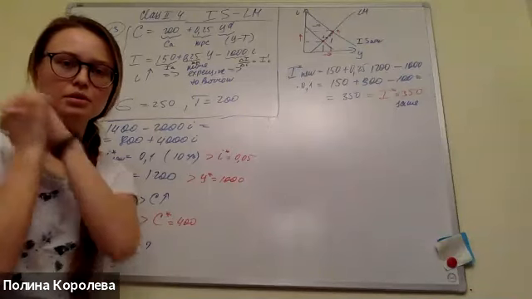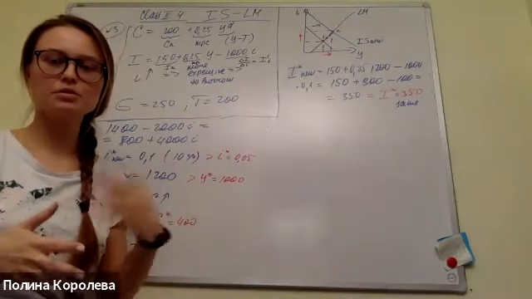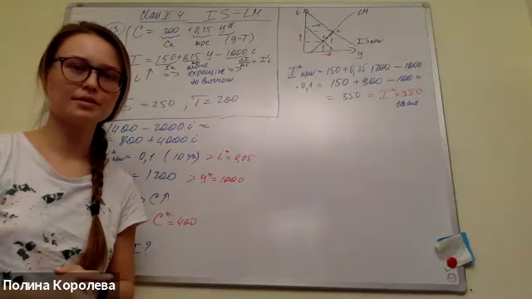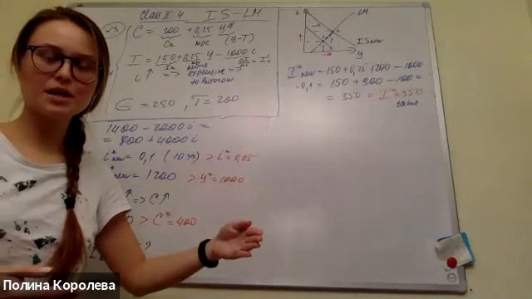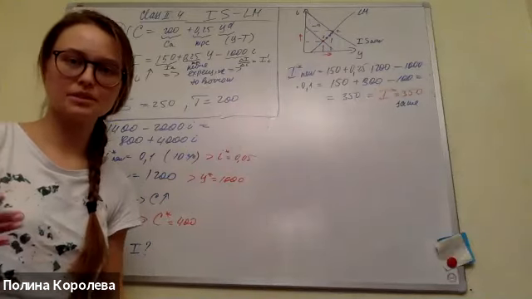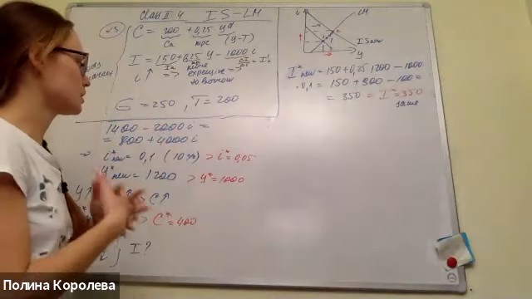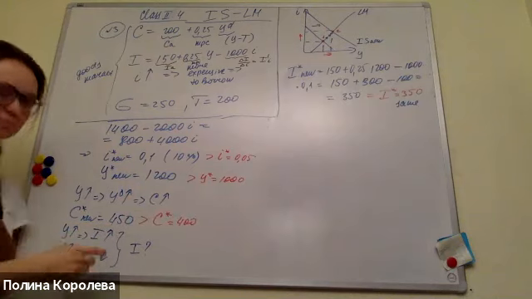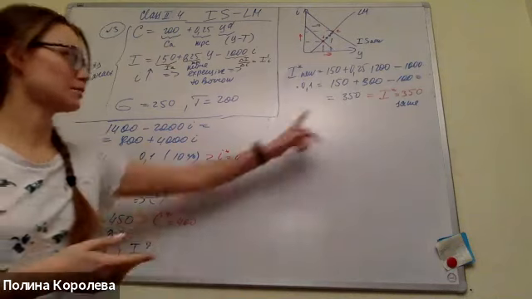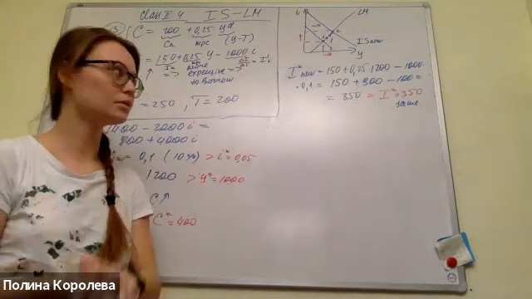If we need a high level of investments, is it better to use fiscal or monetary policy? Monetary, yes, because in monetary policy interest rates are going down and investments will exactly increase. But in fiscal policy we see these two effects, and investments will not increase so much. They can stay the same, or they can decrease. Okay, good.